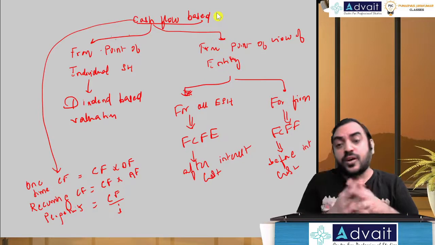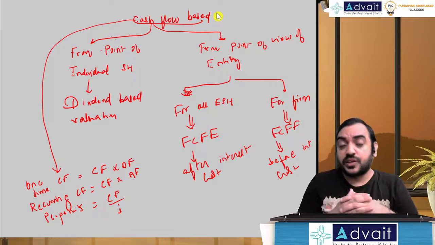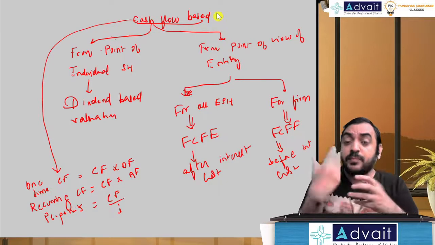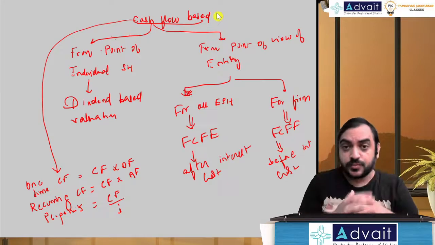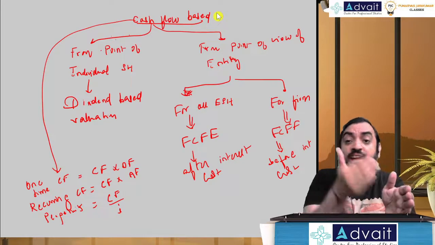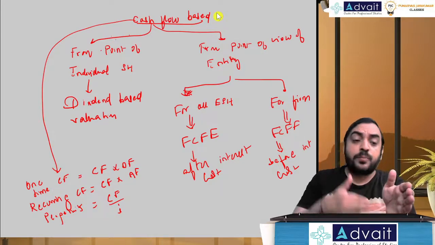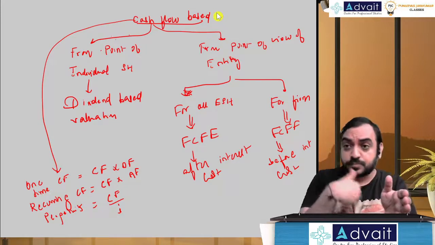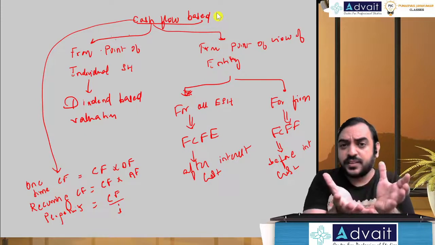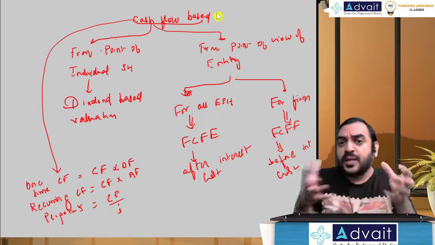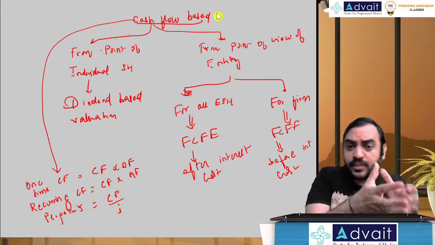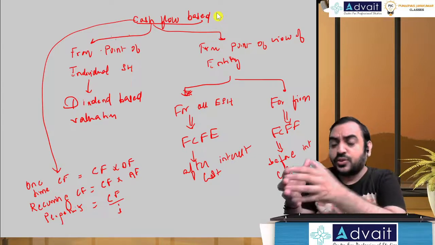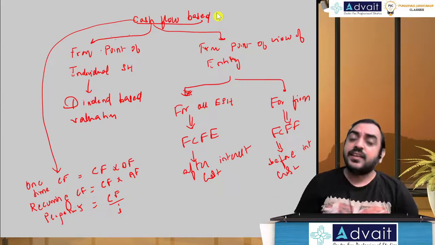And there also we have quite a few applications, in the sense we can apply 3-4 methods. This segment I can value on price to earnings method, I can value on price to sales method, I can value on EV to EBITDA method, various methods. So if I have multiple methods, I can do one method, second method, third method, and then I can take an average.